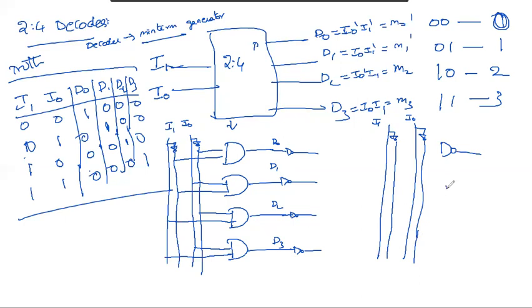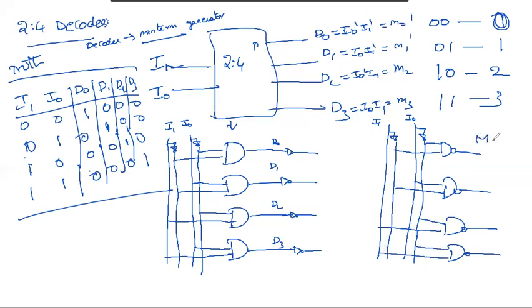So NAND 1, NAND 2, NAND 3, NAND 4. Same inputs: I0 bar, I1 bar; I0, I1 bar; I1, I0 bar; I0, I1. So that we get maxterms M0, M1, M2, M3.